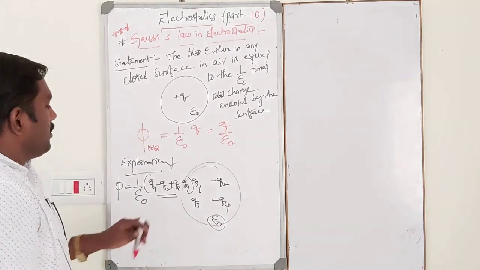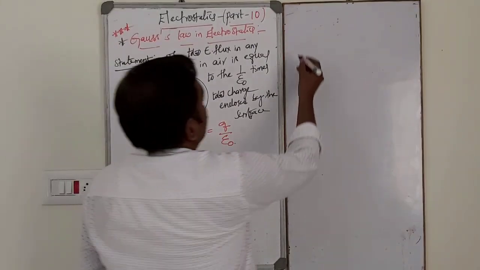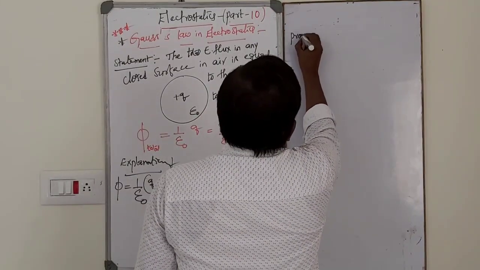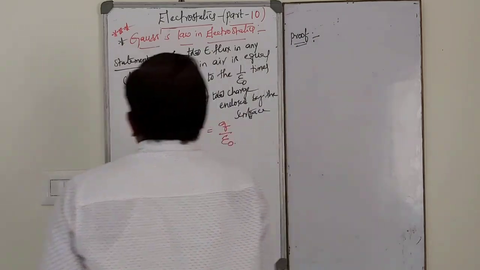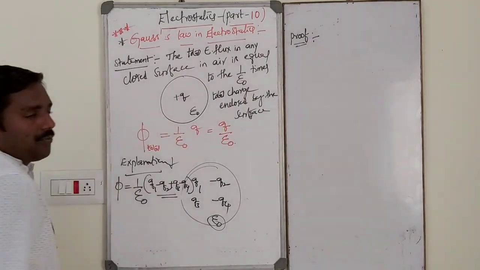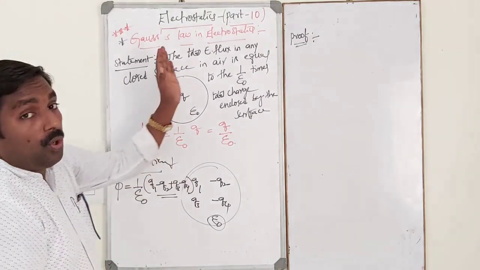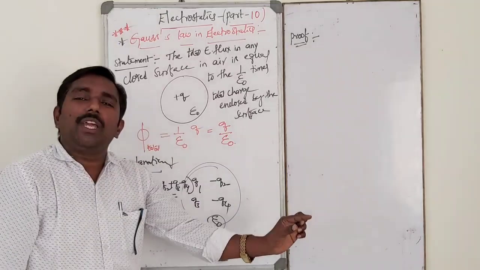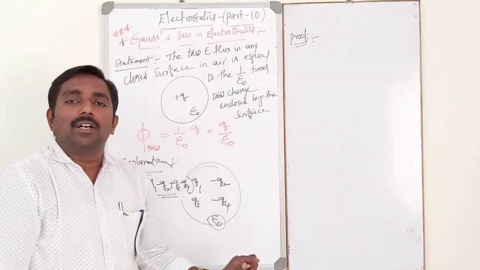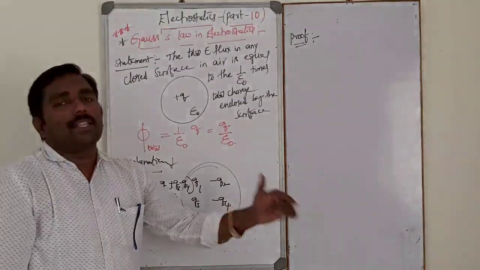Now a small proof. Gauss theorem proof. What is meant by Gauss law? Total electric flux in any closed surface is equal to 1 by epsilon naught times the total charge enclosed by the surface.